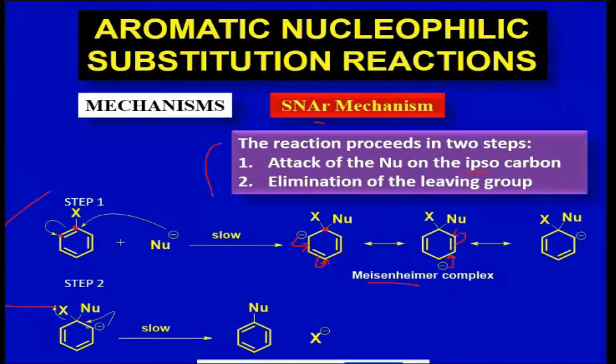So this negative charge is then shared between these two carbon atoms to restore aromaticity, and so the leaving group leaves, taking the electrons along with it in the form of a negative charge on an anion, right? And so you can see that actually the leaving group has been replaced by the nucleophile.